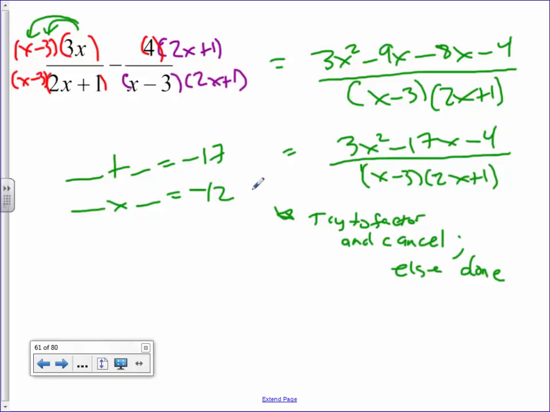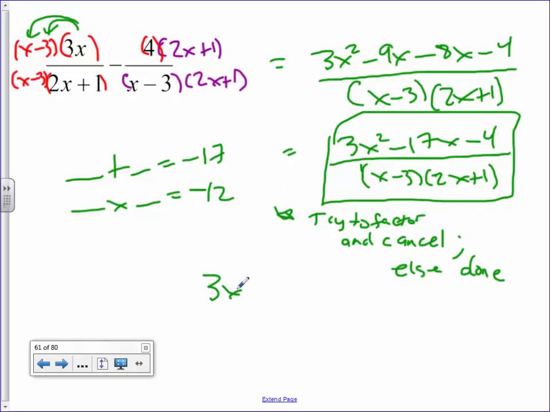So here's how they might phrase it on the diploma then. This might be the answer. Okay, that's what it might be left as. They might foil the bottom though. So they might make it 3x squared minus 17x minus 4. And the bottom they might foil to give you 2x squared minus 6x plus 1x minus 6.